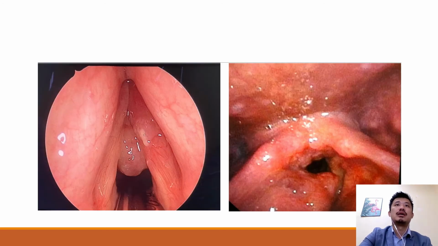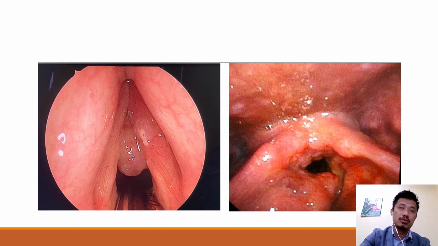Okay, the next slide. You can see there are two pictures that I posted here. The picture on the left shows a mass that seemed to be arising from the subglottis when we first saw the patient in the clinic. Subsequently, we brought this patient into OT. We did a DL scope and noted that the mass was arising from the undersurface of the right glottis.